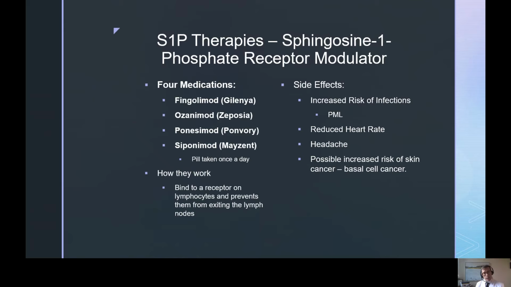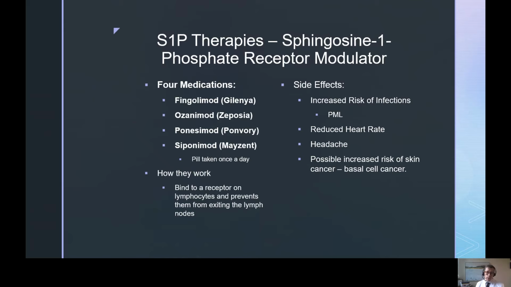They work by, again, binding to a receptor on white cells. And this receptor is needed for the white cell to leave the lymph node. So these cells are circulating through the blood and your lymph system. And if you're on one of these medications, once the cell enters a lymph node, it's stuck there.